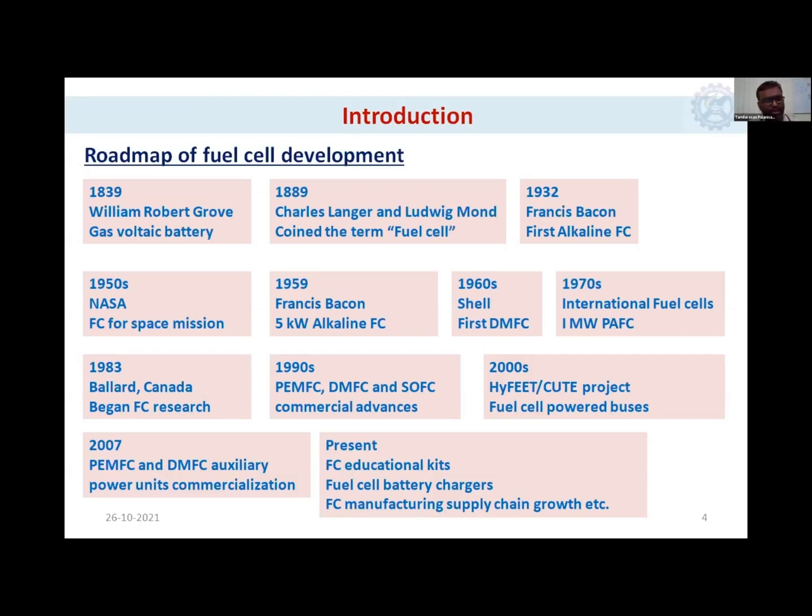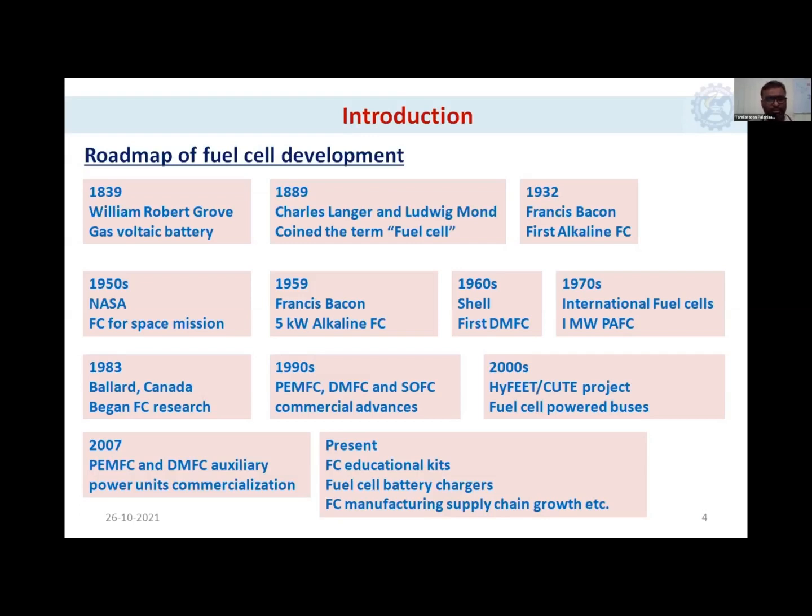In '83, Ballard came into the picture, and now Ballard is one of the major players in fuel cell research and development. The commercial advancements of the polymer exchange fuel cell, direct methanol fuel cell, and solid oxide fuel cells all happened in the 1990s. That is where we concentrated more on development of catalysts and effective utilization of catalysts, so nanotechnology entered the picture.